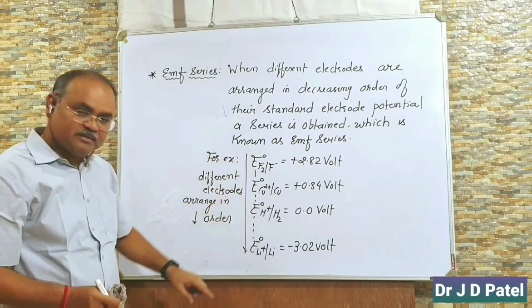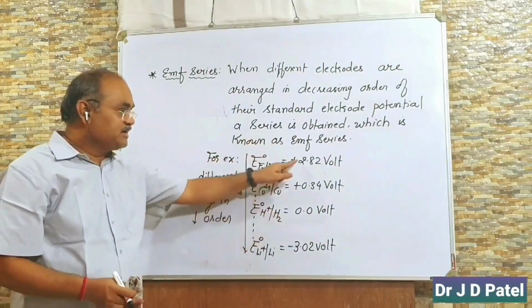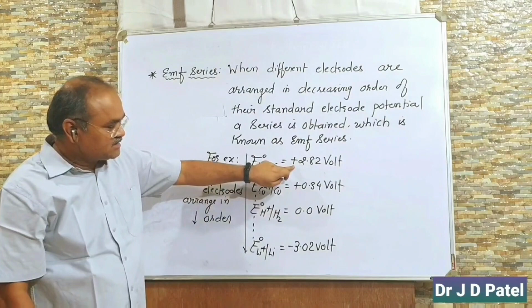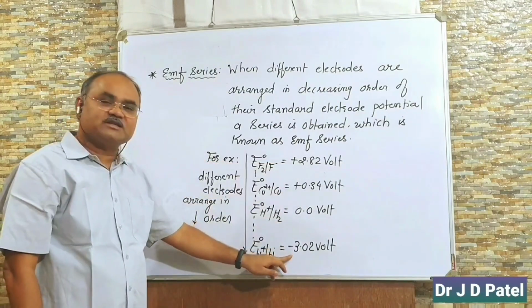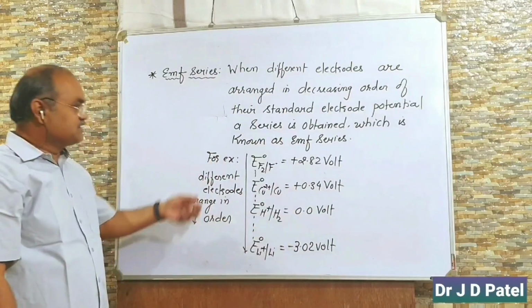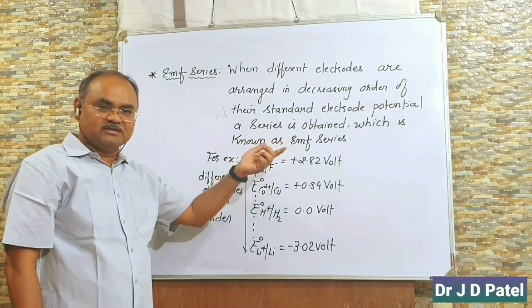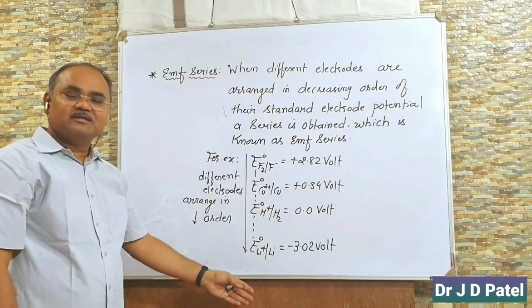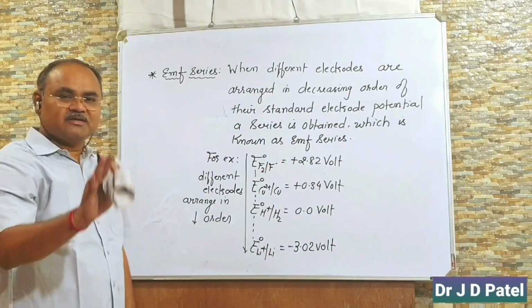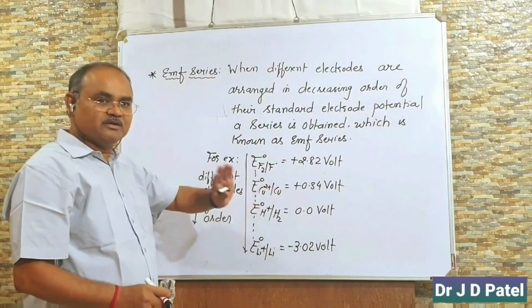When these are arranged in decreasing order, the highest is 2.87, the least is minus 3.02. So when they are arranged in decreasing order of the reduction potential, or you can say standard electrode potential, because standard is reduction according to IUPAC, then you will get a series. You don't have to remember the series, it will be given whenever the numericals are given, right? Values are given, not the whole series. Then this series obtained is called EMF series.